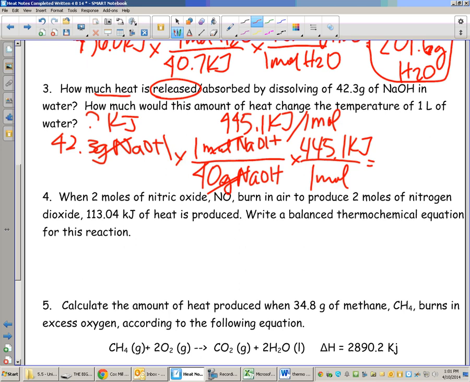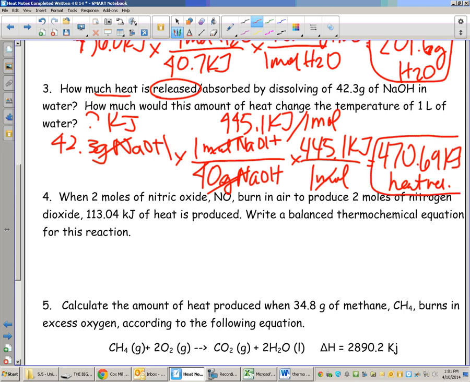The moles cancel. That gives us 470.69. I didn't write that right. 470.69 kilojoules of heat is released.